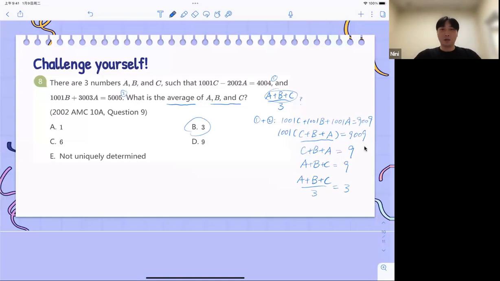Okay, so I think that's almost all for today's questions. And we learned about our two very basic methods. I can see some of you are typing in the chat box about how you did the equations differently. Of course, equations can be solved by different methods.